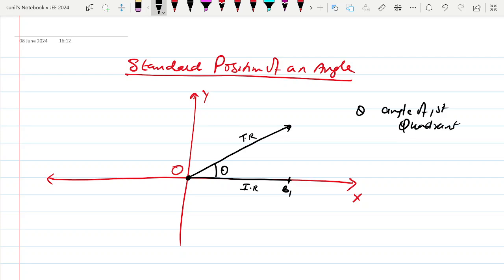Now suppose we rotate the initial ray through an angle theta 1, and here is the terminal ray. Then theta 1 is known as an angle of the second quadrant.